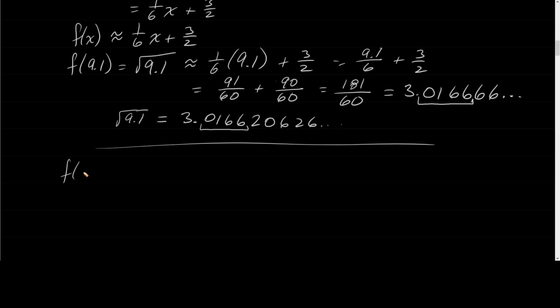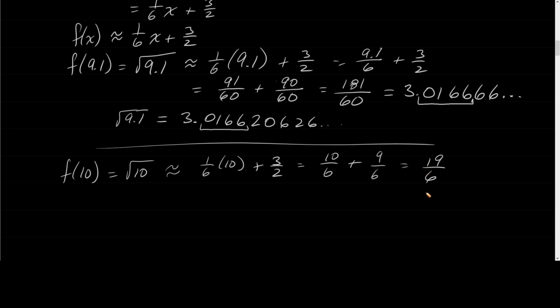So for example, let's figure out what happens when I plug in 10. The square root of 10, according to the approximation, will be approximately 1/6 times 10 plus 3/2. I end up with 10/6 plus, to go from 2 to 6, multiply by 3, so 9/6, giving me 19/6.